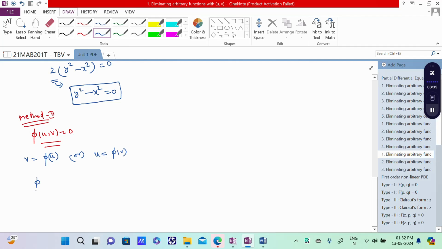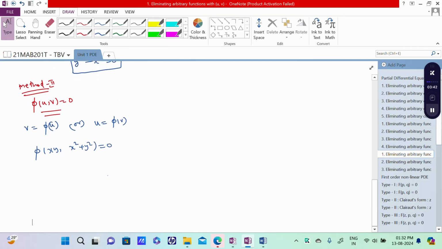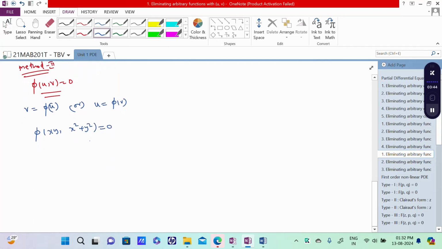Therefore, the given problem is phi of xy, x square plus y square equal to 0. In this form, I am going to rewrite it as v equal to phi of u. V is nothing but x square plus y square equal to the function of xy.